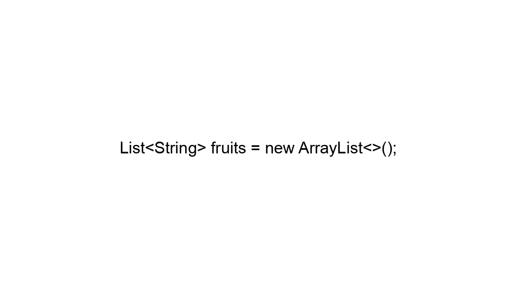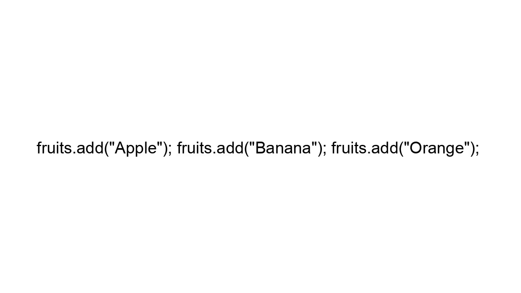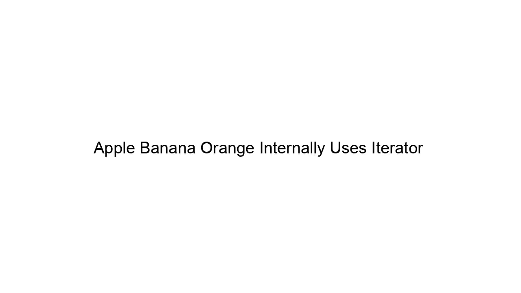Example with ArrayList: List<String> fruits = new ArrayList<>(); fruits.add("apple"); fruits.add("banana"); fruits.add("orange"); for (String fruit : fruits) System.out.println(fruit); Output: apple, banana, orange. Internally it uses an iterator.